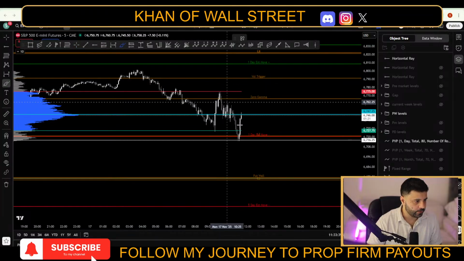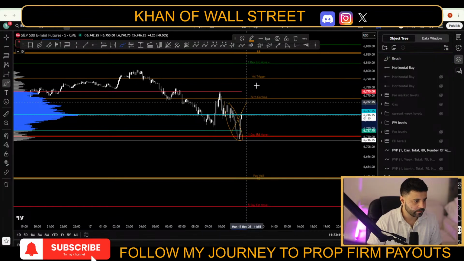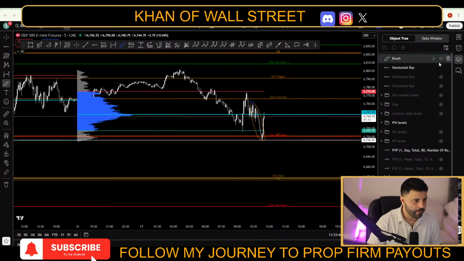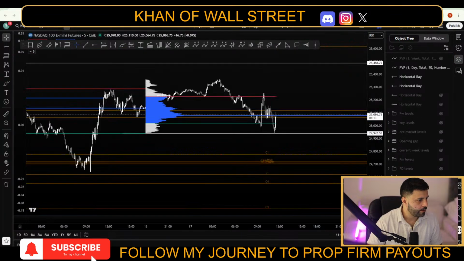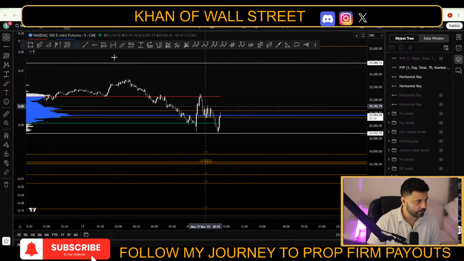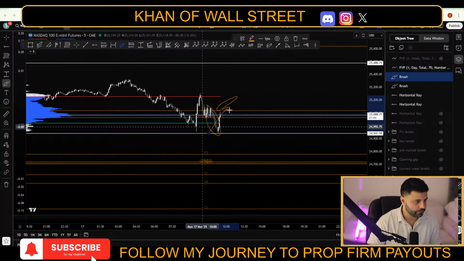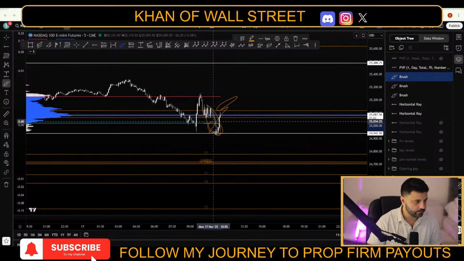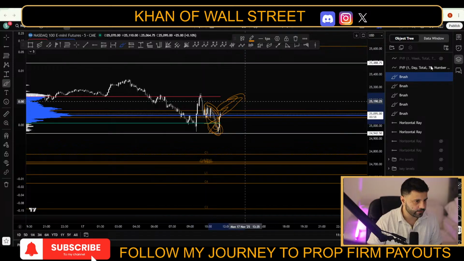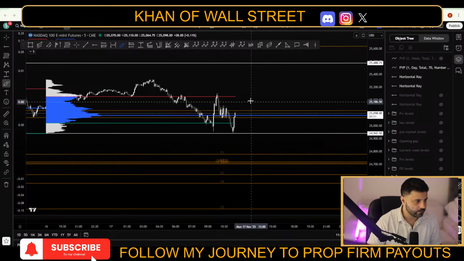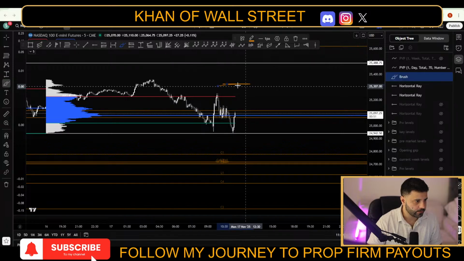All this shorting, this leg that you see here, they're going to try and squeeze these guys. They're squeezing the late shorts right now, and all these shorts still holding, they're going to get squeezed out. Market's probably going to end up somewhere here before the pullback.